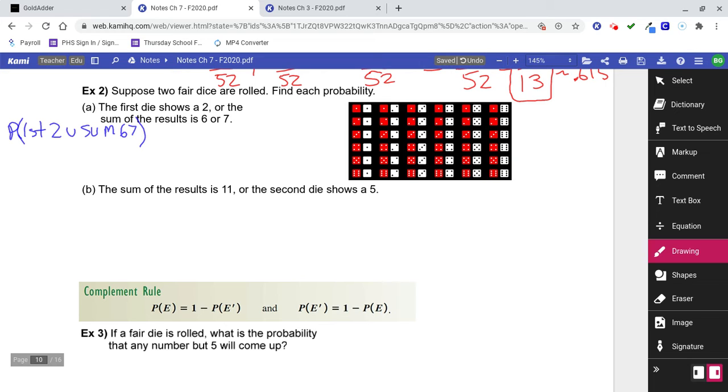Okay, so the union rule is going to say that's equal to the probability that the first one is 2 plus the probability that the sum is 6 or 7 minus, I'm out of room here, minus the probability of both. The first one is 2 and the sum is 6 or 7.